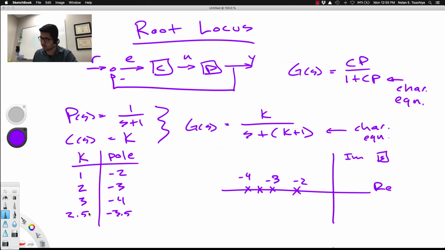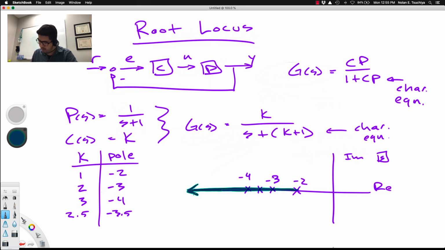And if you take this to the extreme case where you do it for a continuum of k values, i.e. every possible value greater than 0, what you'll essentially find is a continuum of pole locations in the s-plane. Eventually, those pole locations will trace out sort of like a line, right?